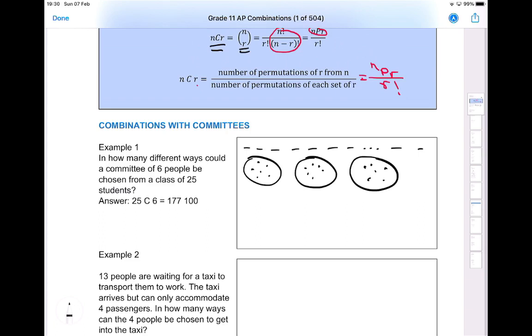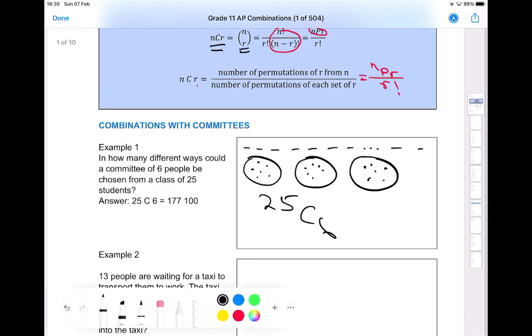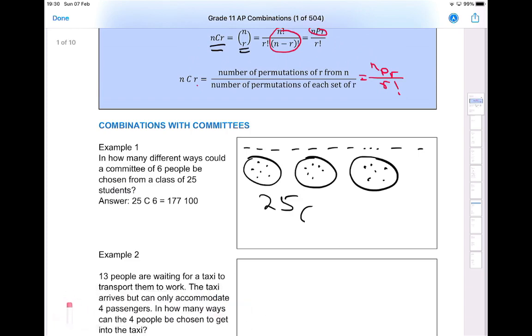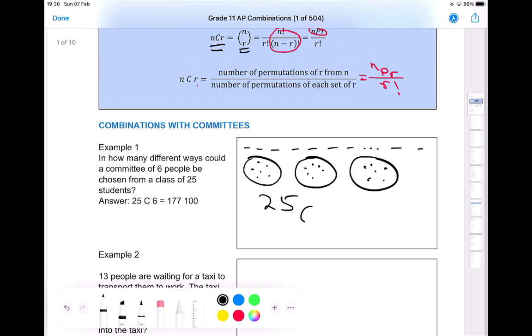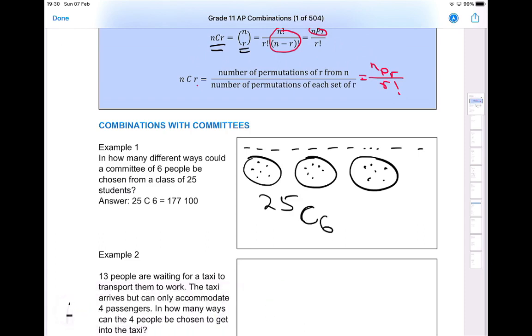So that is what the question says. In how many different ways can we form a committee of 6 from a group of 25 people? To answer this question, you've got 25 people to choose from, and you are choosing 6. Maybe this is the easiest way to understand this question. Let's go back to that formula there.